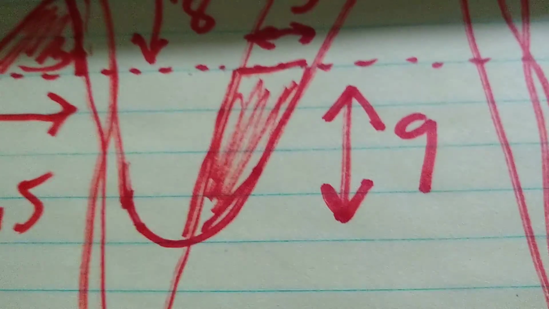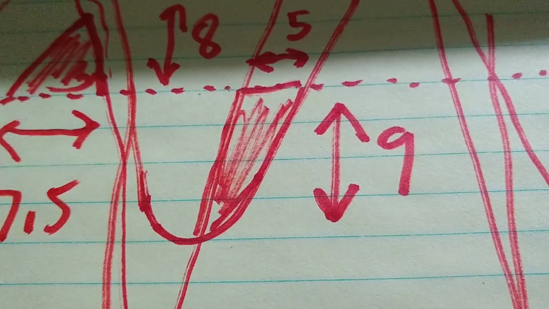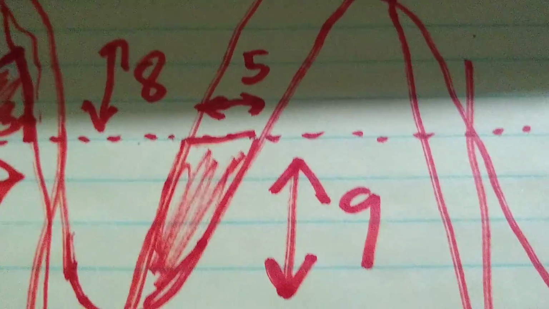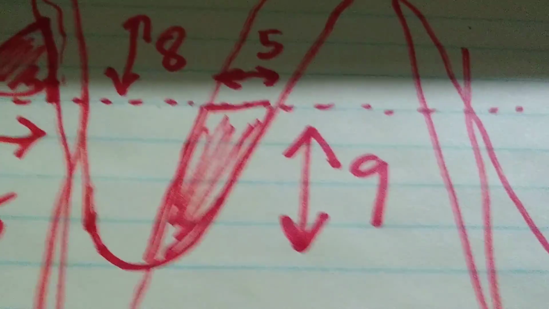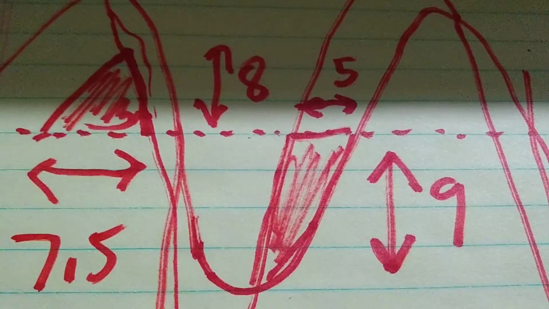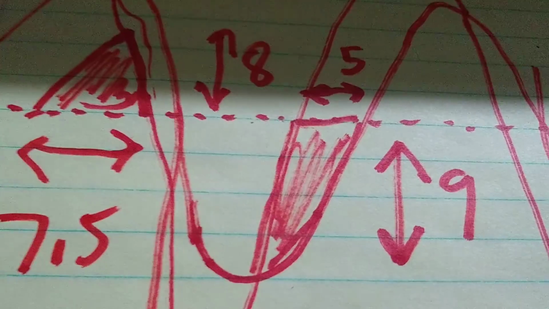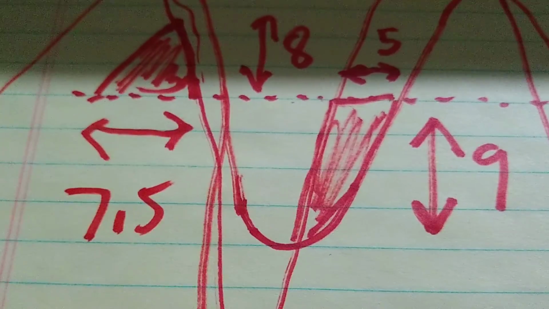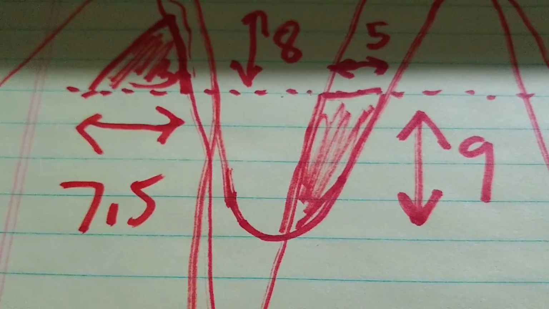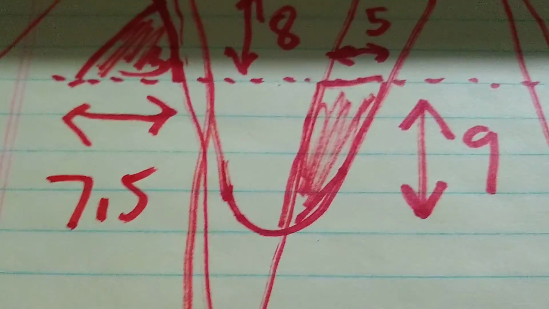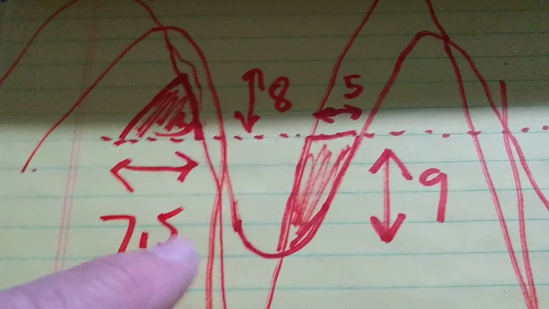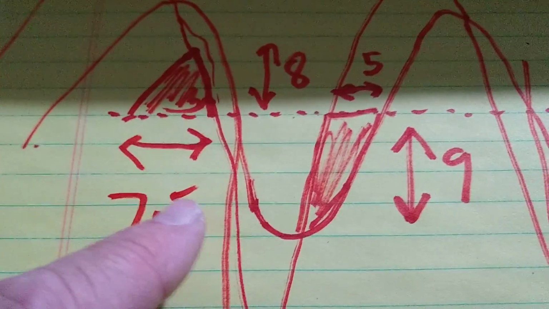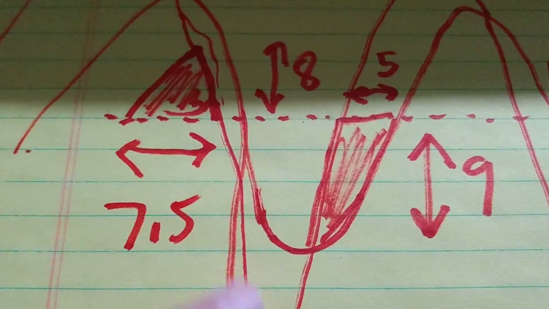This triangle over here is 5 spaces across and 9. So I could do what I did before with the DC, and I could calculate power by the overlap periods here. I'll do that a little later.